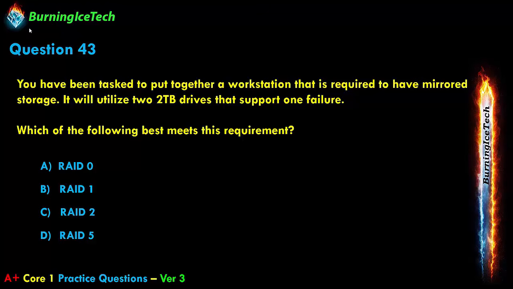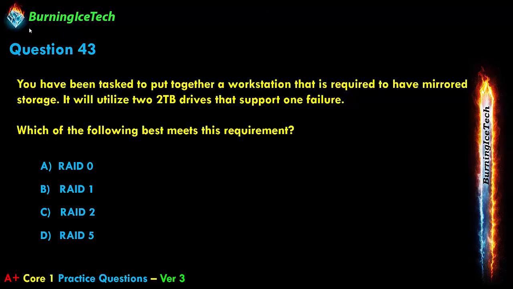Now, for pretty much all forms of RAID, guys, you need a certain amount of drives at a minimum. So if you look at RAID 0, you need a minimum of 2 hard drives. RAID 1, you need a minimum of 2 hard drives. RAID 2 obviously does not exist. And RAID 5, you need a minimum of 3 hard drives. Now, the fact that RAID 5 needs a minimum of 3 hard drives kind of already eliminates it from my list.